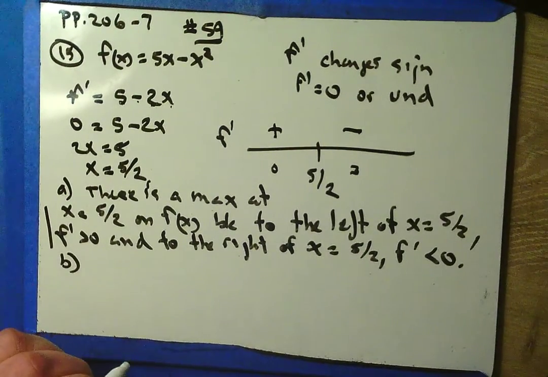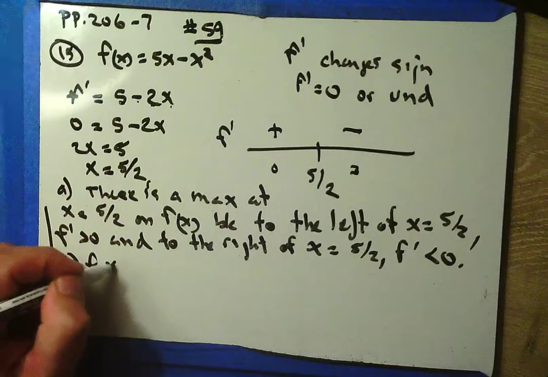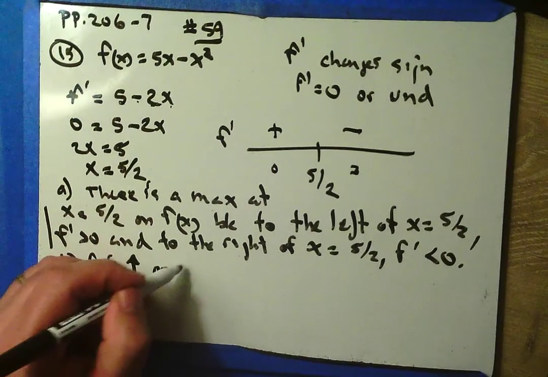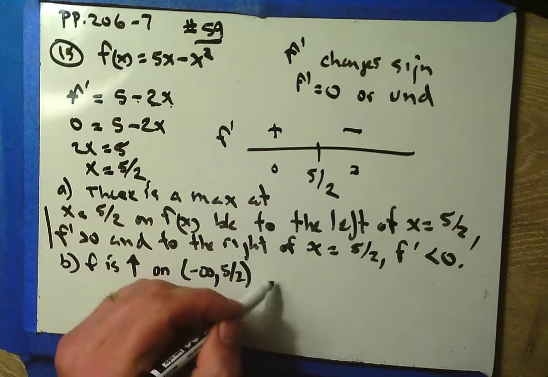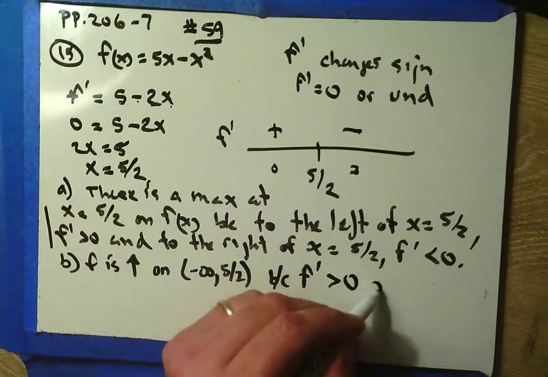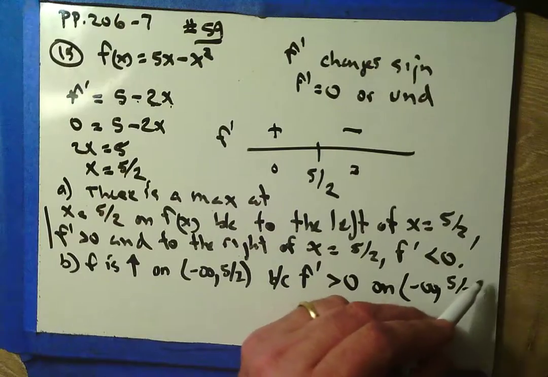B, we're interested in knowing when this function is increasing. Well, f is increasing on negative infinity to 5 halves. Why? Because f prime is greater than 0 on negative infinity to 5 halves.